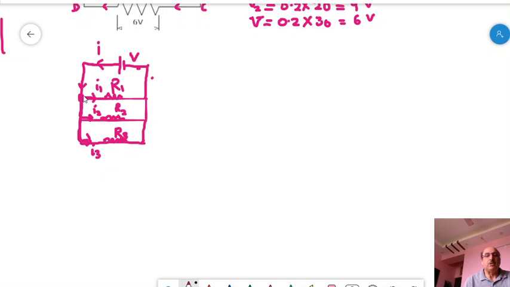The current is distributed from this point. These all points are same because they are joined by a single line. So here is R1, the current on this one is I1. The current on second one is I2, and on the third one is I3. So the currents are I1, I2, I3.